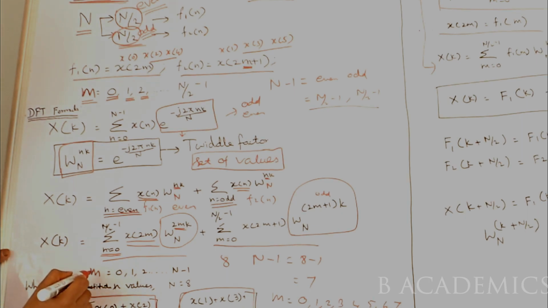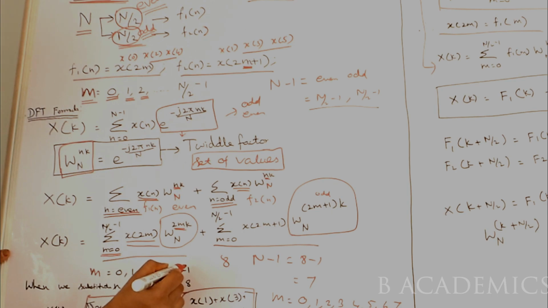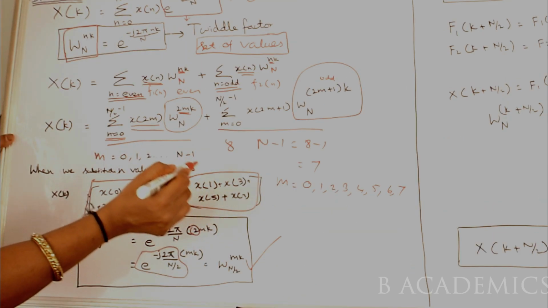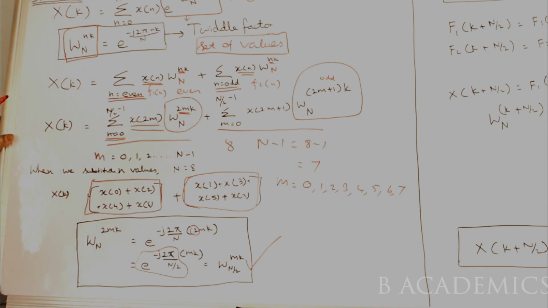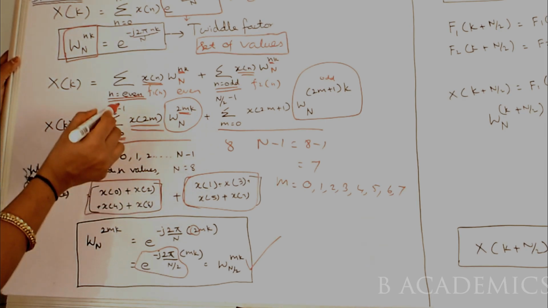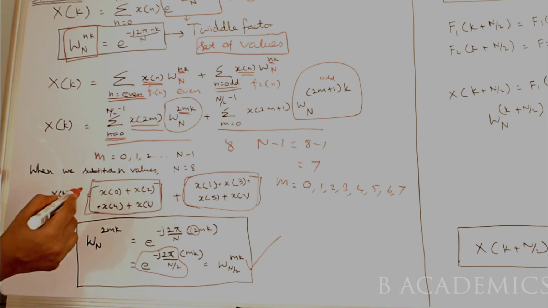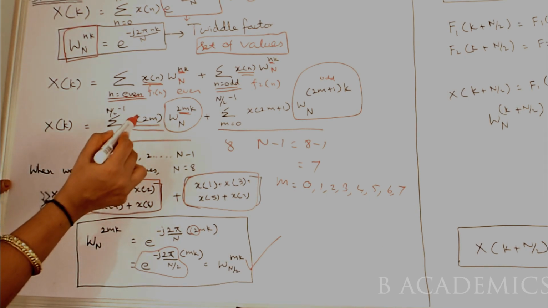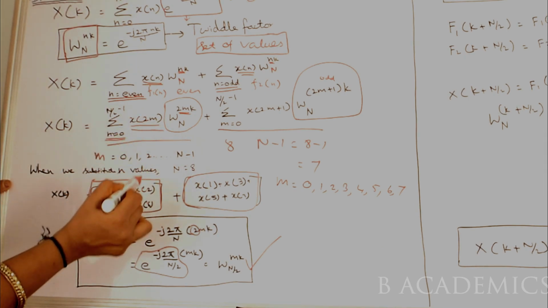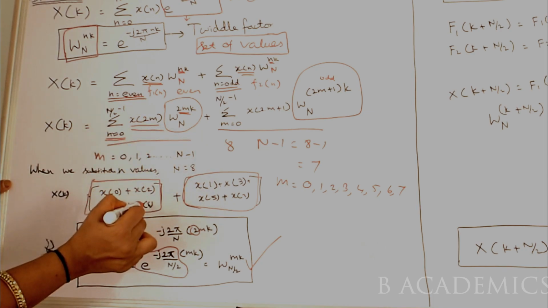Okay, so you know the values of m which varies from 0 to N minus 1. Okay, for even N by 2 minus 1 and for odd N by 2 minus 1. Okay, so when you substitute the values in this equation, you will get X of k is equal to x of 0, x of 2, x of 4 and x of 6.